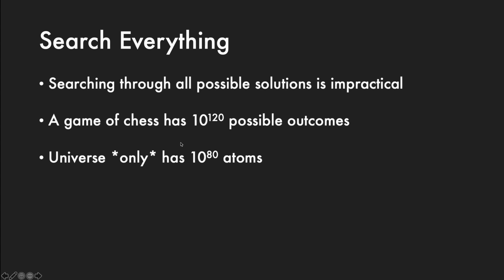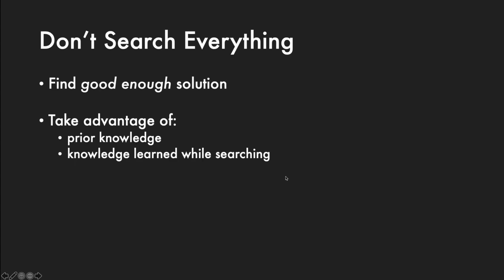So a game of chess, which we would consider quite trivial compared to the real world, has 10 to the 120 possible outcomes. So it's 120 zeros. There are more outcomes of chess than there are atoms in the universe. So let's not do that.